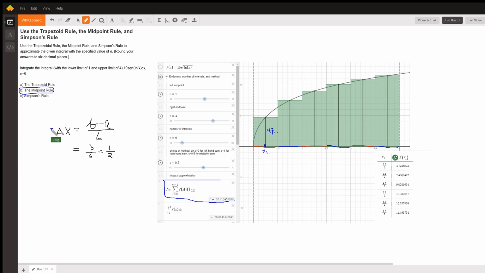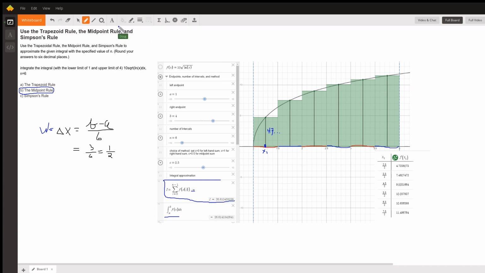I could have put a w out here, the width of each rectangle. So we're calculating the area of each rectangle and then adding them together with the summation symbol. And here's the exact value for the integral, the definite integral from a to b of f of x, 26.61. So you can see for 6 rectangles, using the midpoint formula, we're pretty darn close already.